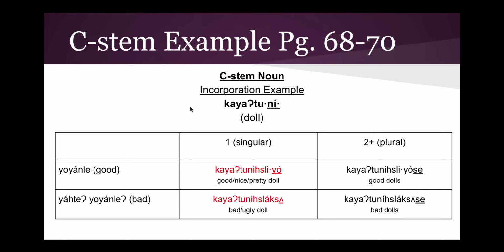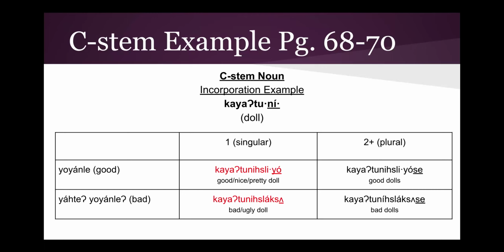And so C stem nouns, again, we have to use the it pronoun that goes along with the C stem. So in that case, it's ga. And it could also be yo, but for the most part, to start out with this intro to noun incorporation, ga and wa are the pronouns that we're using.